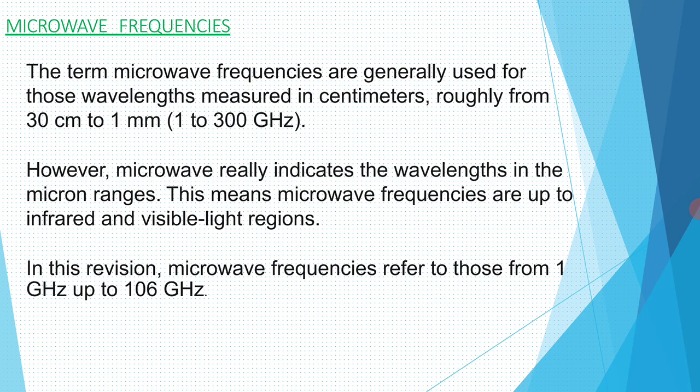So we can include microwave frequencies, that means they coincide with the infrared and visible light rays also. In this revision, microwave frequencies refer to those from 1 gigahertz up to 106 gigahertz. We are only discussing about 1 gigahertz to 106 gigahertz.